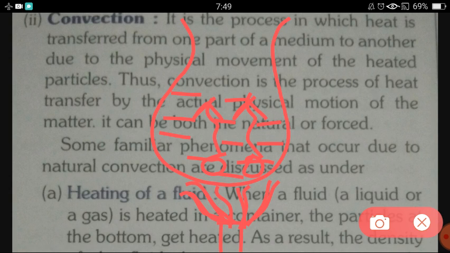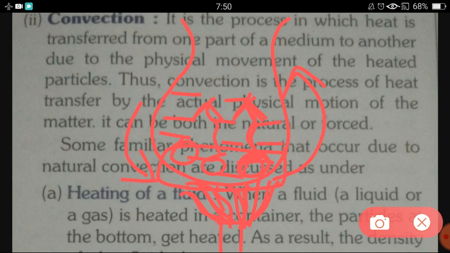Okay, so in the case of water or any fluid, whenever we give heat, the molecules absorb that heat and go up, and when the molecules go up, their place becomes empty. At that empty place, the cool molecules, whose temperature is less, come down and take their place.